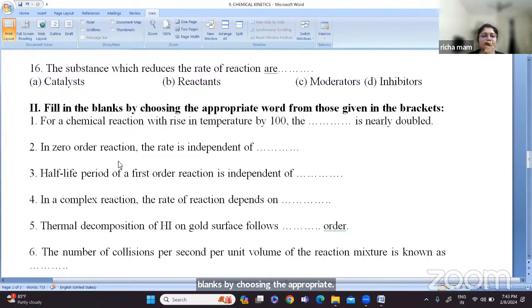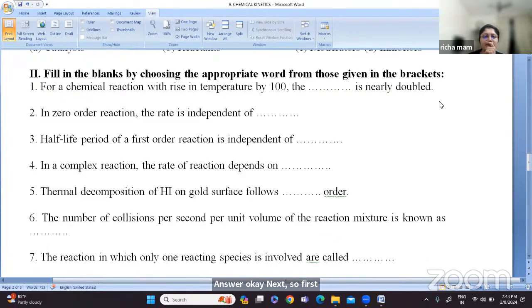Okay, next, so first question is, for a chemical reaction with the rise in temperature by 100, the dash is nearly doubled.